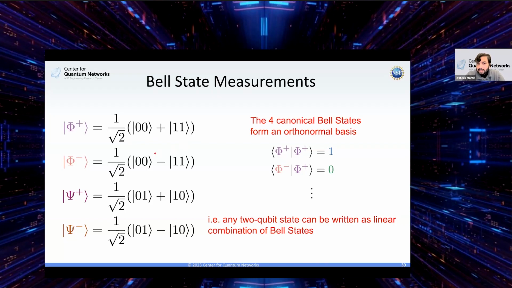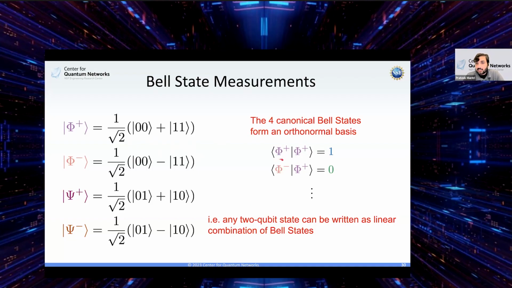Now, these Bell states also make an orthonormal basis, such that all two qubit states can be written as a convex combination of these four Bell states. And you can use a projection of any two qubit state onto these basis states to get a measurement response.